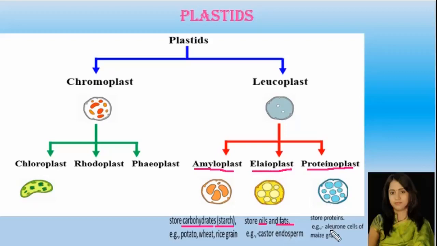And aleuroplasts or proteinoplasts store proteins. For example, in maize grains, you might have studied the longitudinal section of maize grain, where there is a layer present, the aleurone layer. So in the aleurone cells of the maize grain, the proteinoplasts are present.